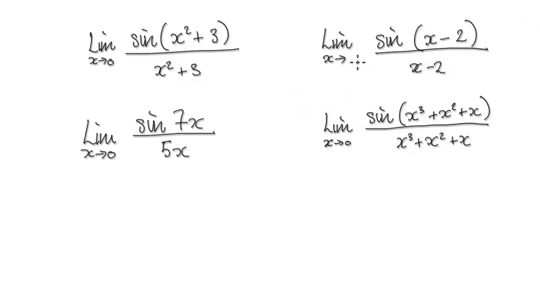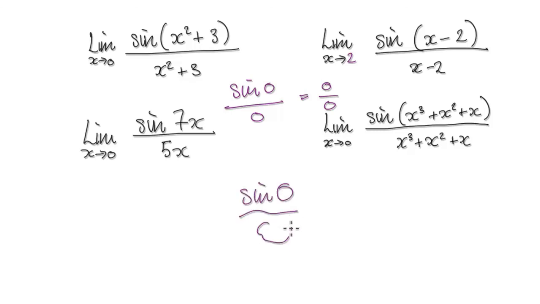But suppose I were to change it so that x heads towards 2. As x heads towards 2, when you put this into here, it would be sine of 0 over, put 2 into here, would be 0. Now here you've got a case of 0 over 0. But we've proved that when this bubble heads towards 0, and this heads towards 0, the limit is 1.